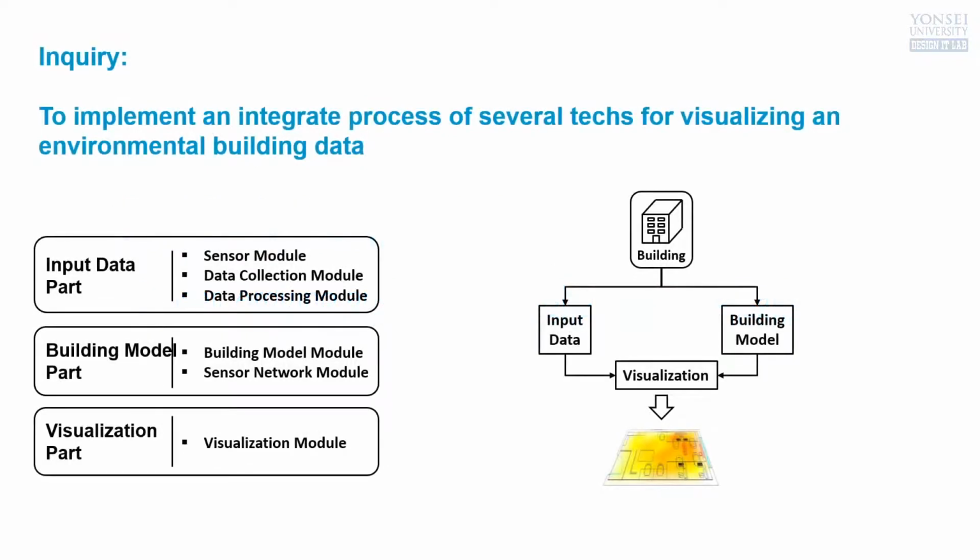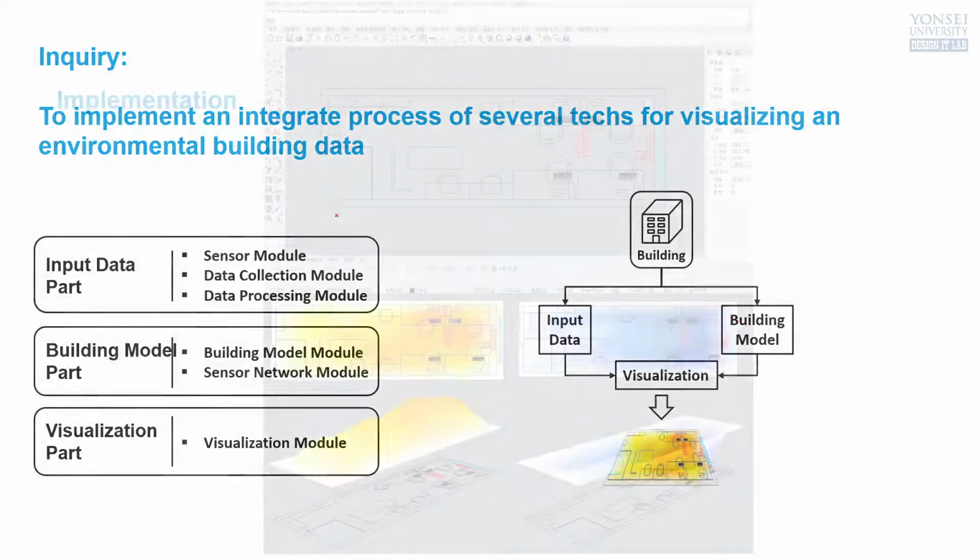At first level, this simply shows an inquiry to implement an integrated process of several tools for visualizing. Okay, let's take a look. Visualization of environmental building data. Actually, this term looks kind of big, but simply put, I think this one is better.